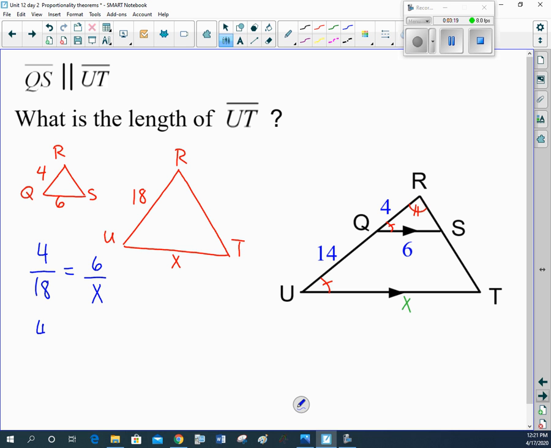So 4x equals 18 times 6, which is 108, and then I'm going to divide that by 4. x equals 27. Okay, so just because they tell you that you have parallel lines right here, you got to make sure of what pieces you're talking about, because the theorem is only talking about certain pieces being proportional. So you got to make sure that you're matching that up.